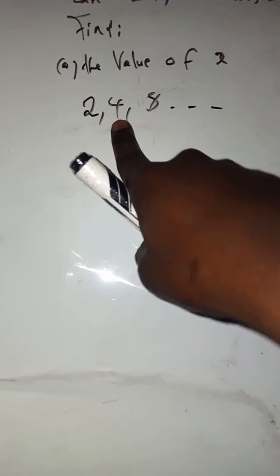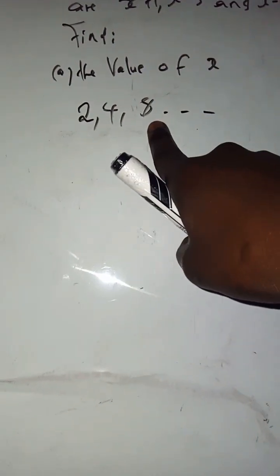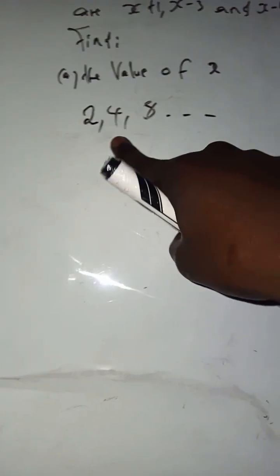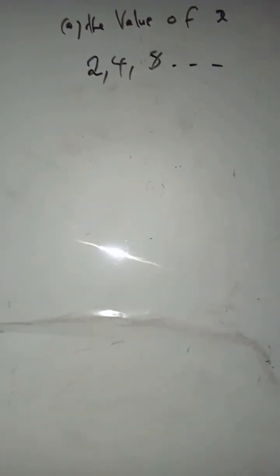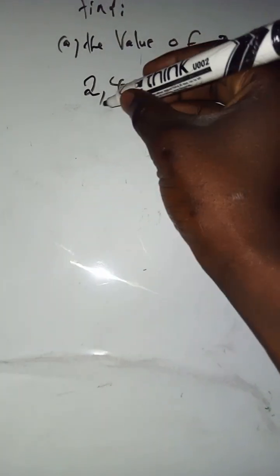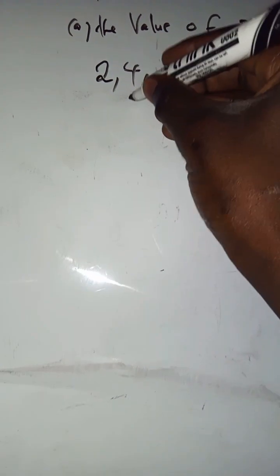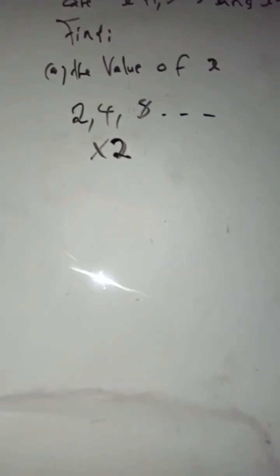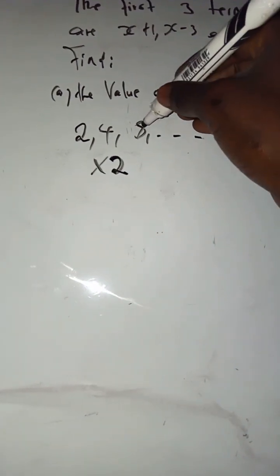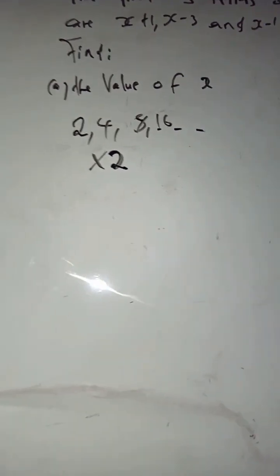From 4 to 8, I've multiplied 4 by 2. Therefore the rule is simply to multiply by 2 to get the next term. So the fourth term would be this times 2, which is 16.